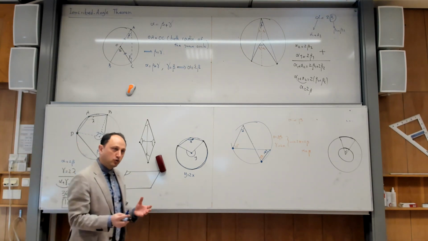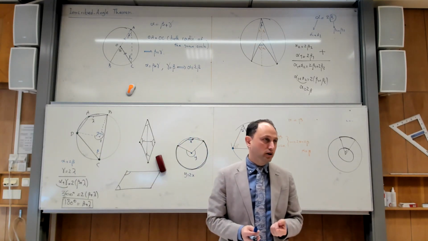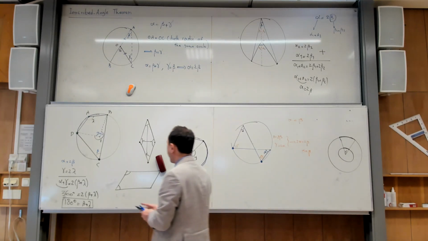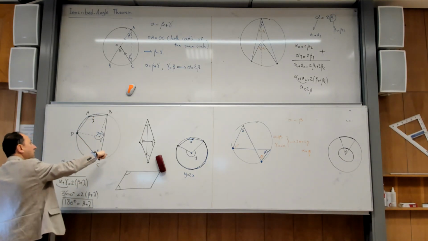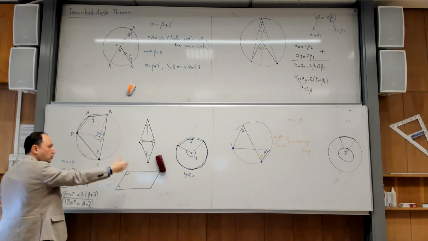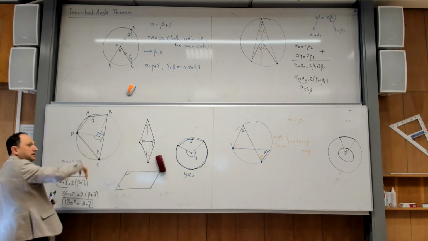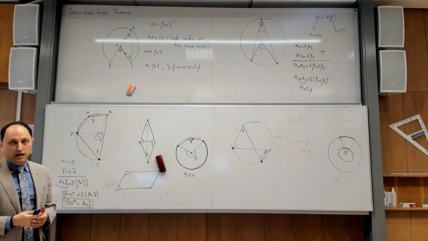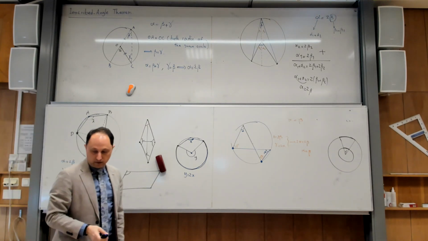For every quadrilateral, what I know is the sum of all angles is 360 degrees. But if my quadrilateral happens to be of this type, that I can find a circle passing through all of them, I have something more to say. What is that? I can say that the sum of the opposite angles are also equal to 180 degrees. That is what I can say for this particular type of quadrilaterals.